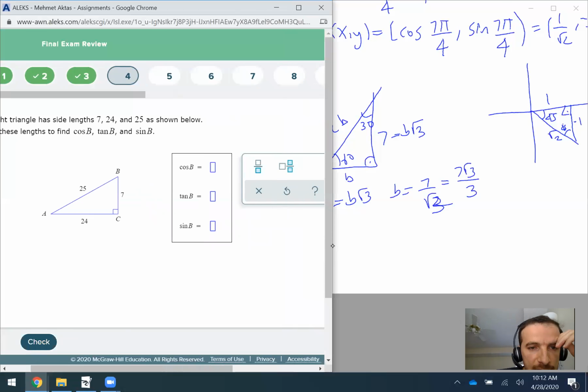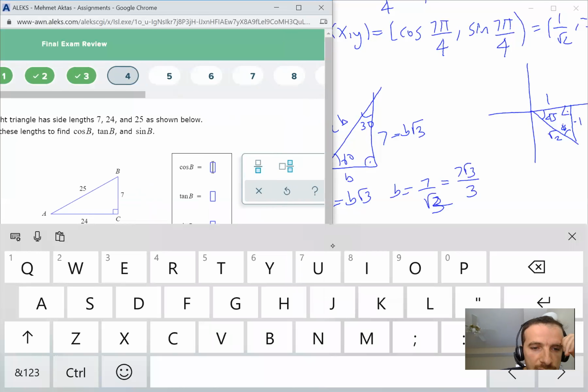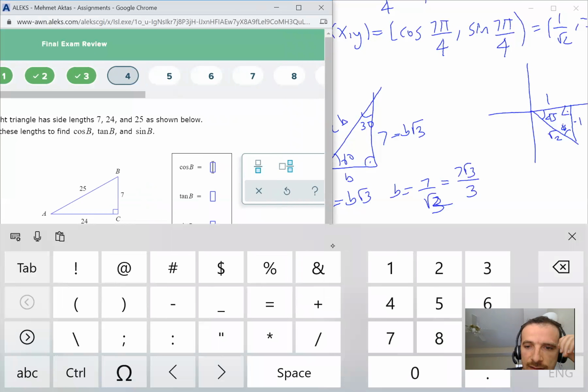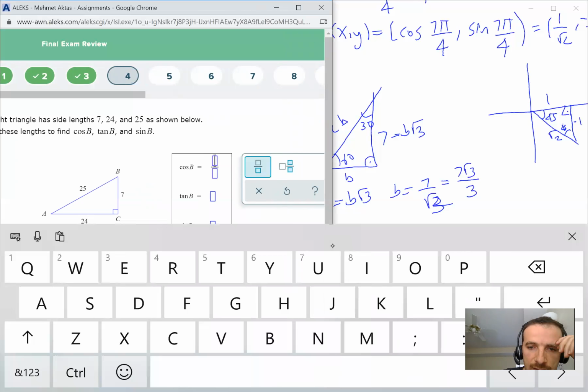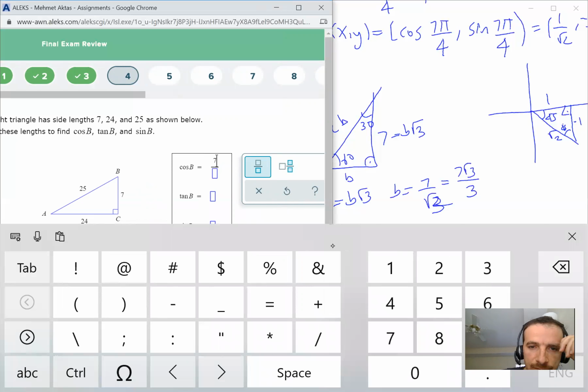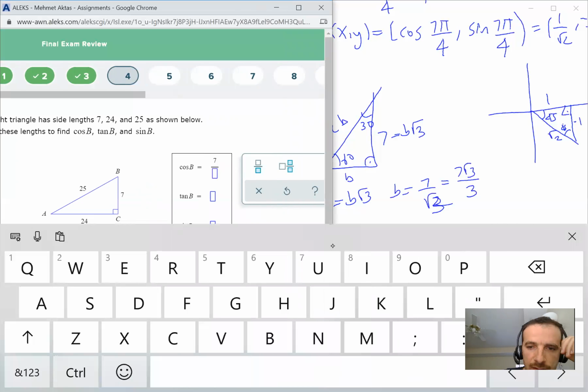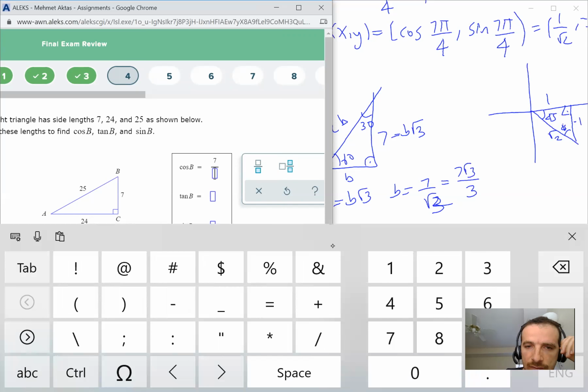This is our angle B. So cosine will be adjacent over hypotenuse, right? 7 over 25. So cosine is 7 over 25.